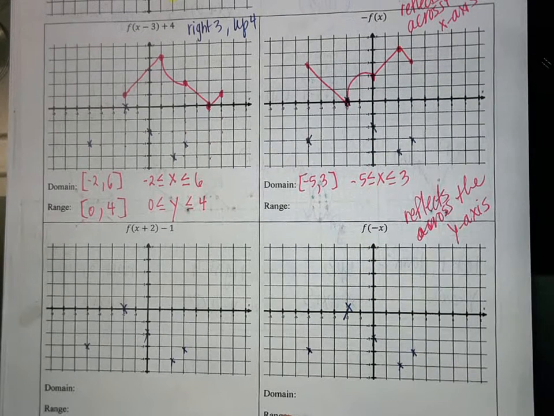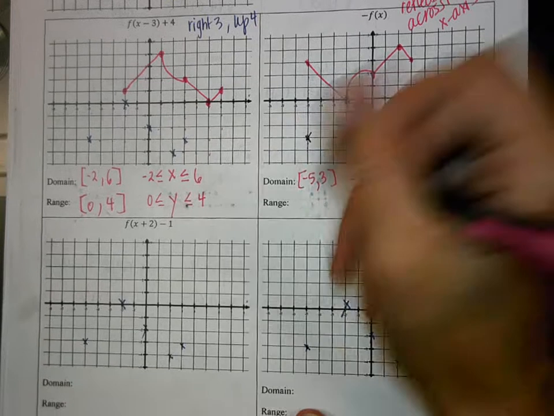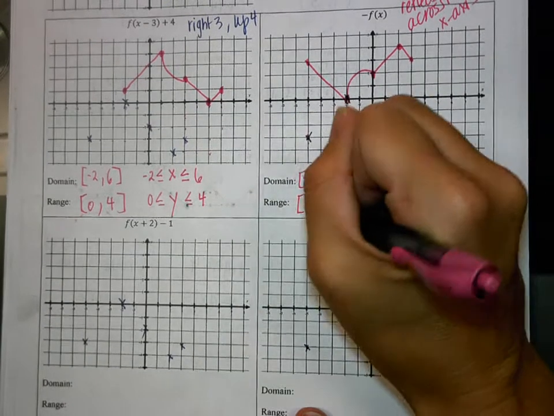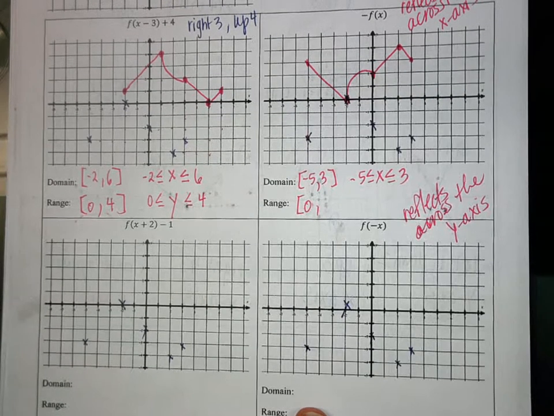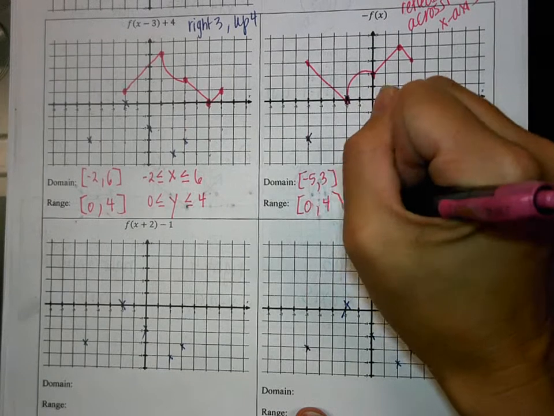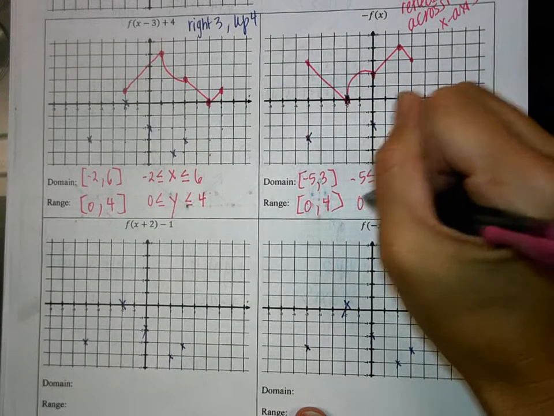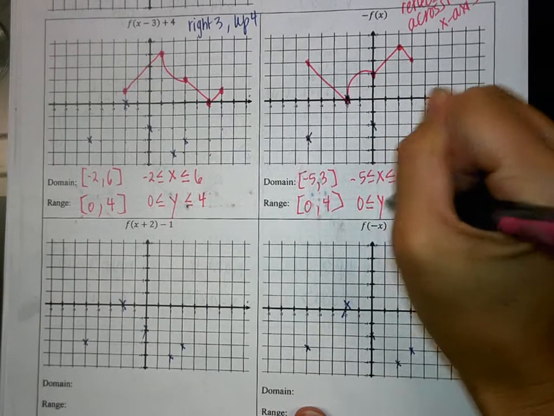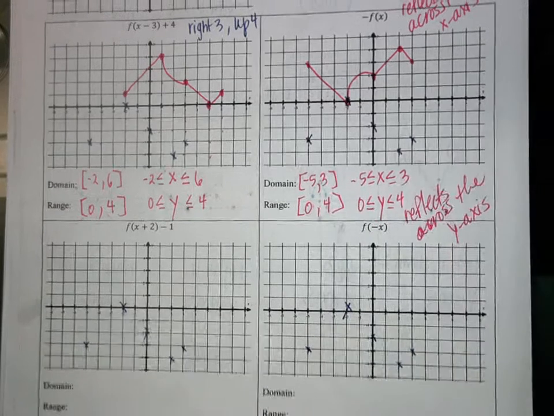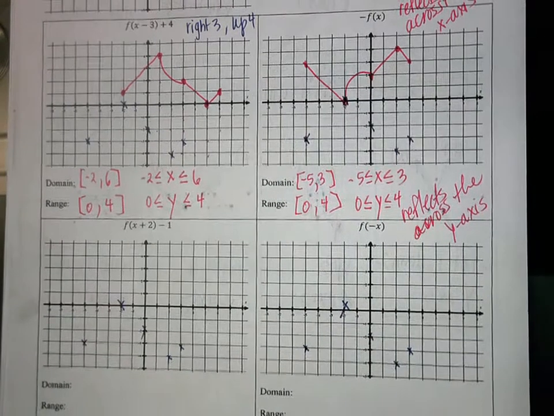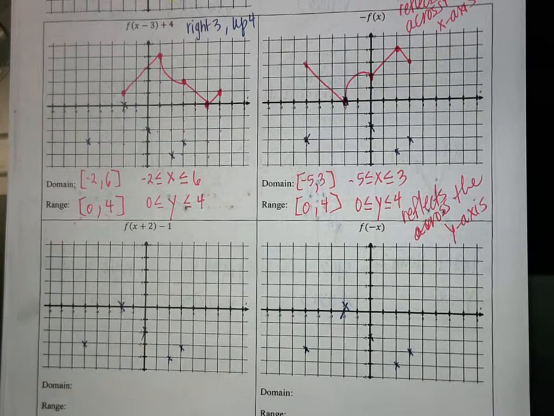Okay, and what's my range here? 0 to 4. And that inequality is? Perfect. Questions? All right.